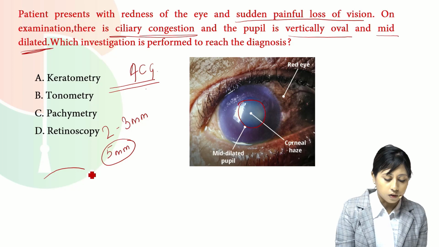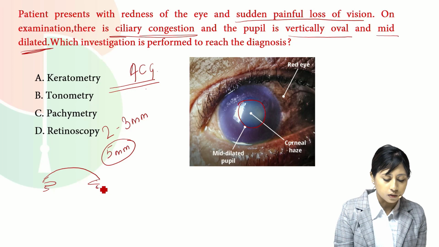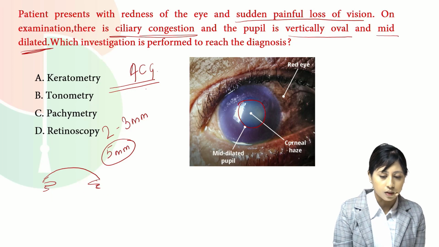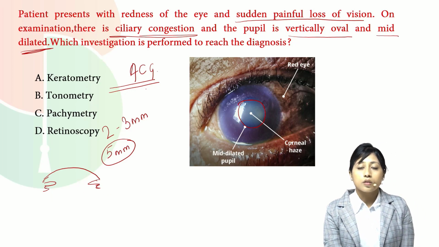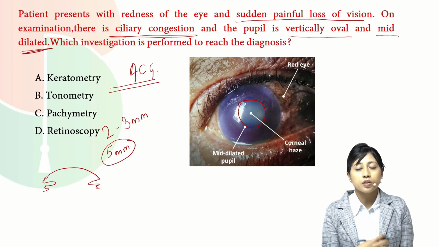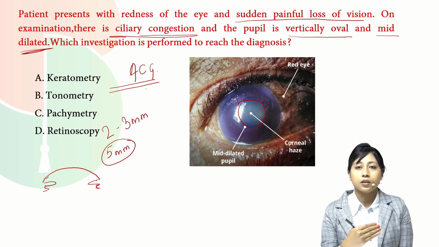There is the cornea, and behind the cornea there is the iris, right? And from the iris there is the ciliary body, and after the ciliary body there is the lens. Aqueous humor is secreted from the ciliary body, and it goes from the posterior chamber to the anterior chamber. So what is the anterior chamber and what is the posterior chamber?